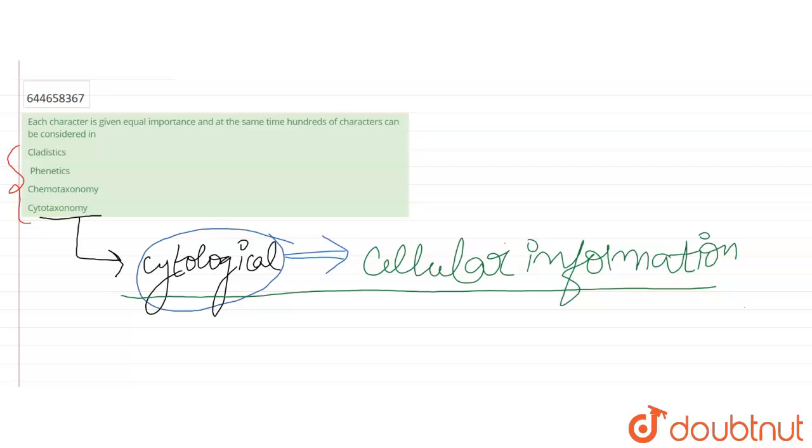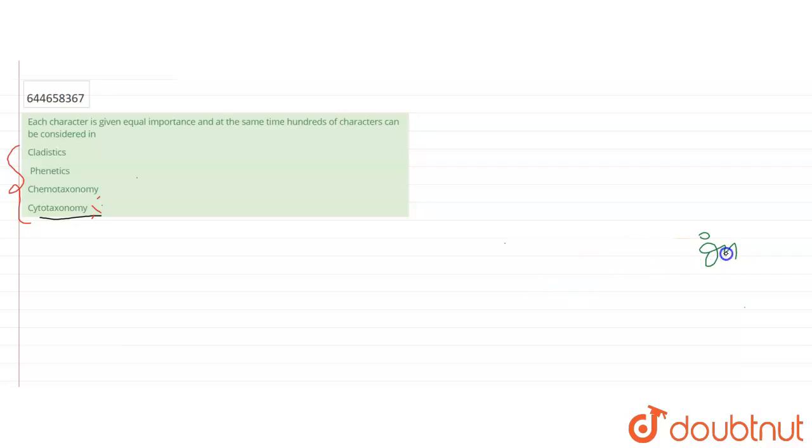So in cytotaxonomy, we are talking about a number of different cellular concepts and not about the different observable characters. So this is not our correct answer.